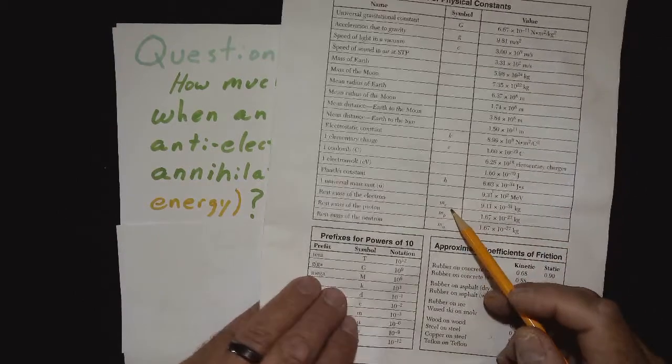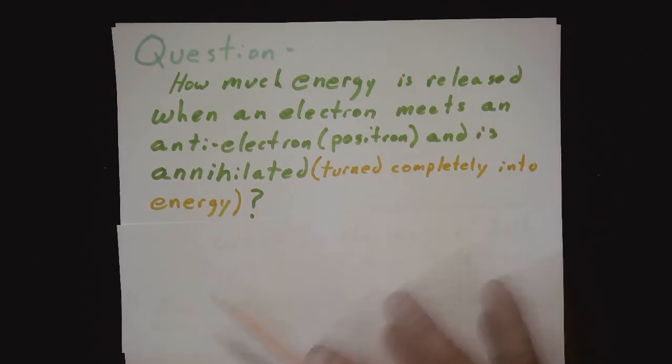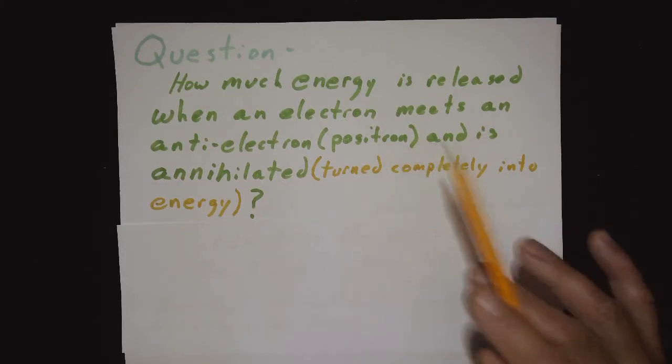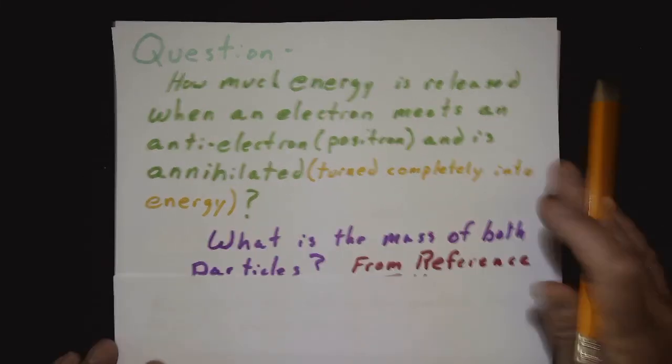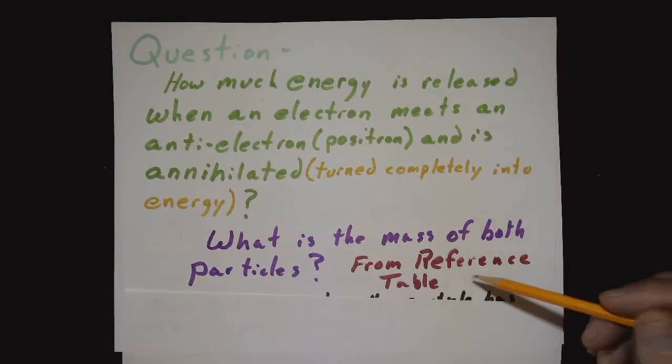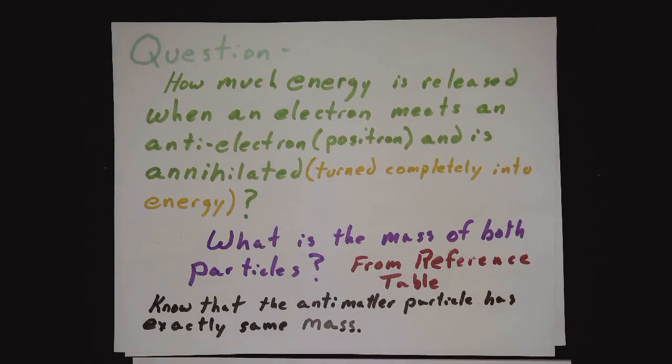Lovely. We know the anti-electron is the same in every way, certainly the same mass, simply has the opposite charge. So what is the mass of both particles? From the reference table we got that. We know that the antimatter particle has exactly the same mass.